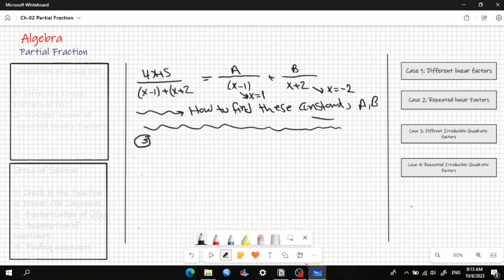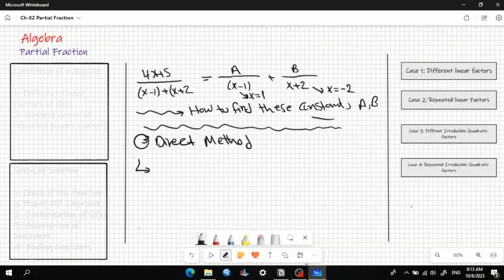Here is the direct method. Here we are not able to multiply by the common denominator.